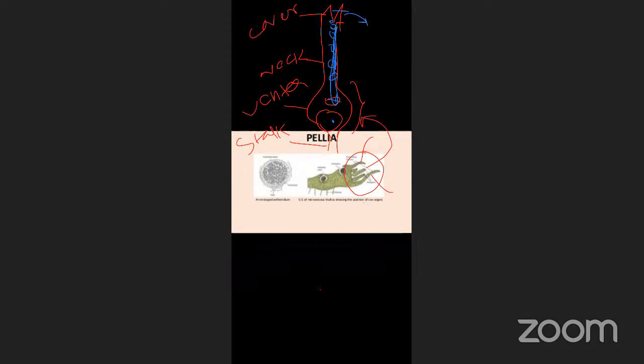The calyptra and the pericytium layer are also formed. Is this fertilization also clear? Yes, sir. So after fertilization, the zygote develops into an embryo, differentiated into the sporophyte.